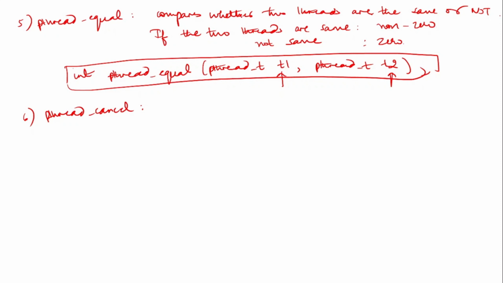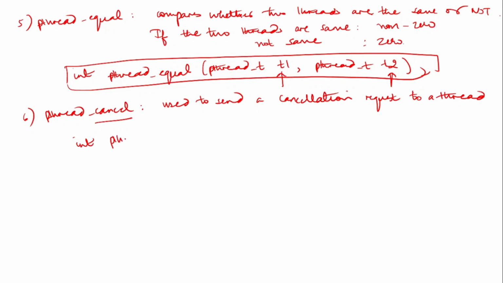Next function is pthread_cancel. It is again used to send a cancellation request to a thread. So if you want to cancel any thread, you need to use this function. In this case, the thread will get the cancellation request, but it doesn't mean that the thread will be cancelled.